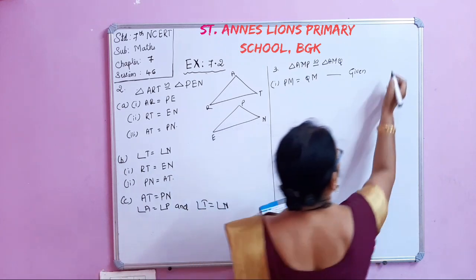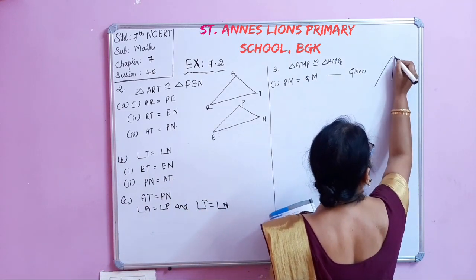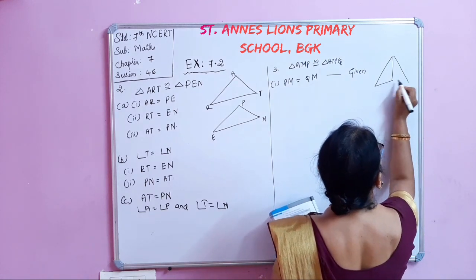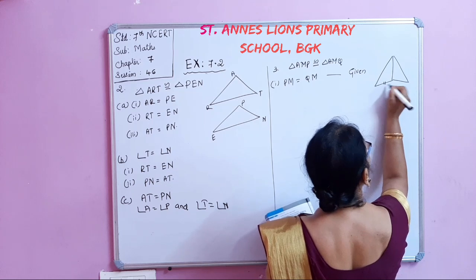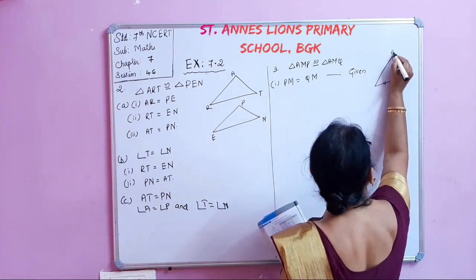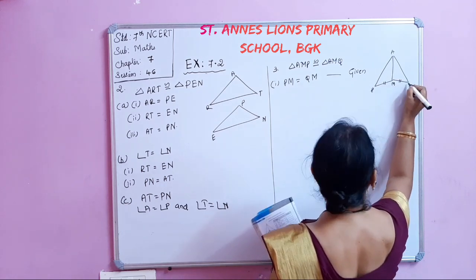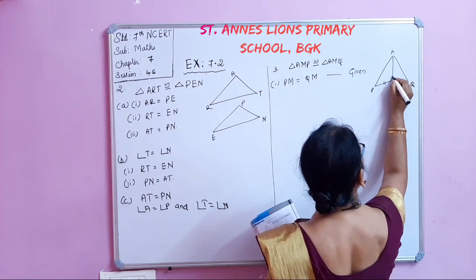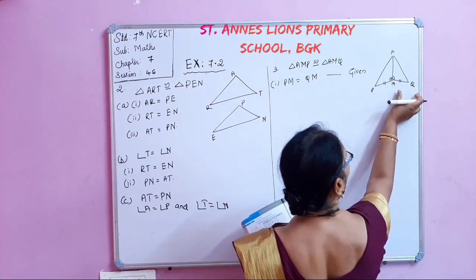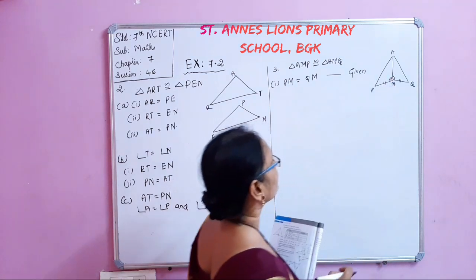Because in the figure you see it is given. In this given figure, these two sides are equal. PM equal to MQ, and this M angles are equal.